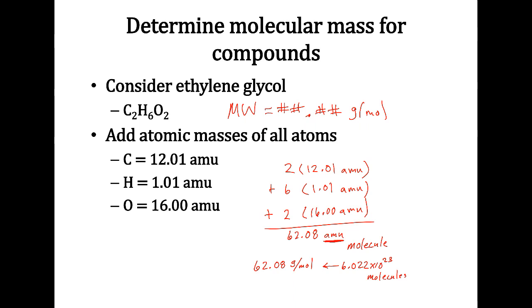So the grams per mole is looking at if you have 6.022 times 10 to the 23rd molecules. So if you see AMU, it's the mass of a single molecule or atom or formula unit, but grams per mole is talking about there being 6.022 times 10 to the 23rd of those entities.